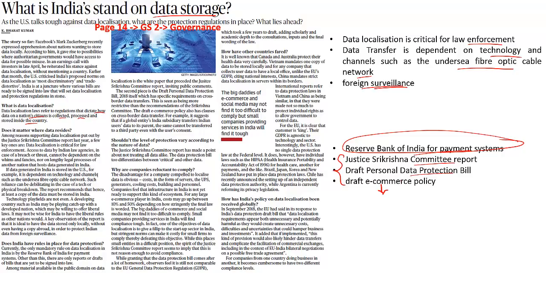This child organization can transfer data from India to the United States of America. However, a third party cannot use this information. So Facebook cannot give all this data of the Indian citizens to another third party, even with the user's consent. This is one of the important points that is also mentioned in the draft e-commerce policy.